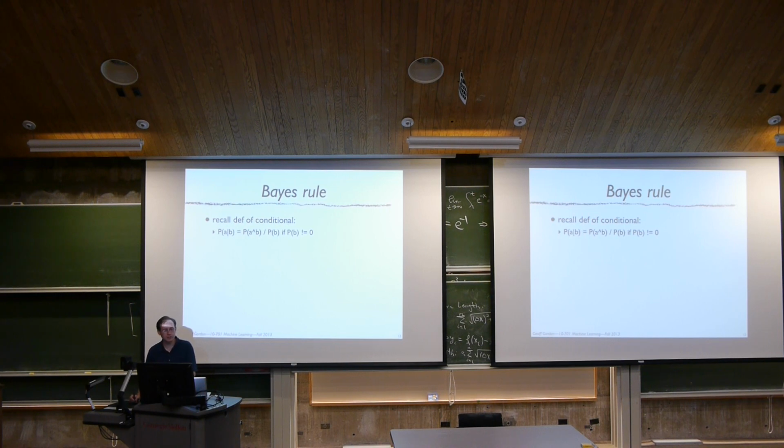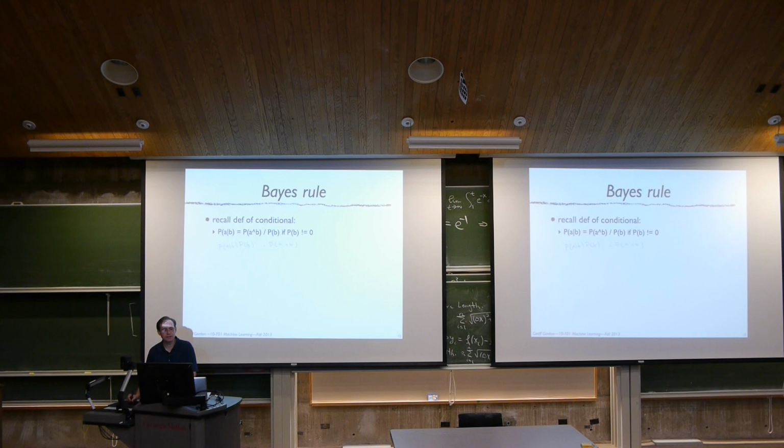The definition of a conditional was that the probability of A given B is A and B over B, as long as B can occur, right? So let's multiply through by P of B. We get P of A given B times P of B is equal to P of A and B, right?